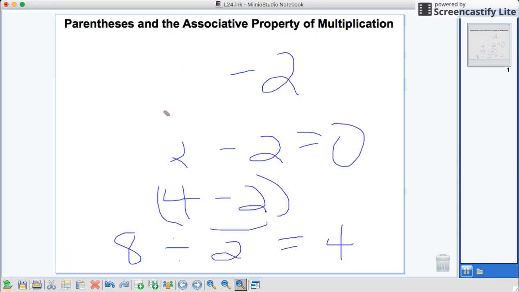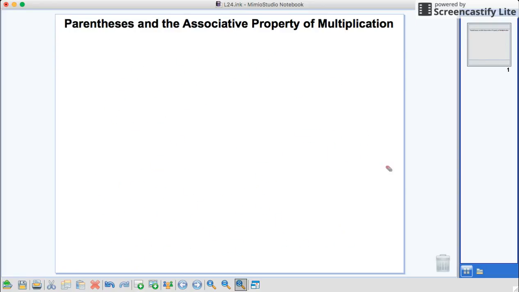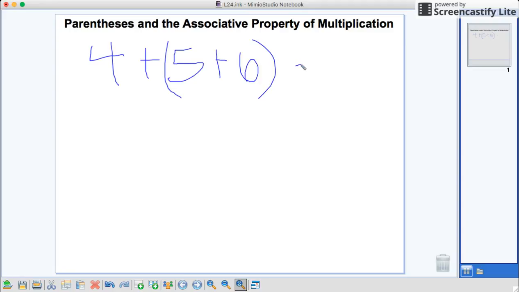Welcome back. Now we're going to look at the associative property. The associative property says that 4 plus 5 plus 6, put my parentheses there, is going to equal, parentheses, 4 plus 5 plus 6.